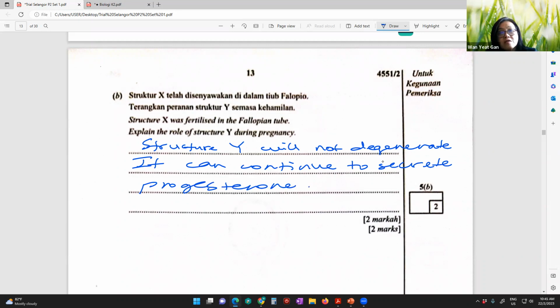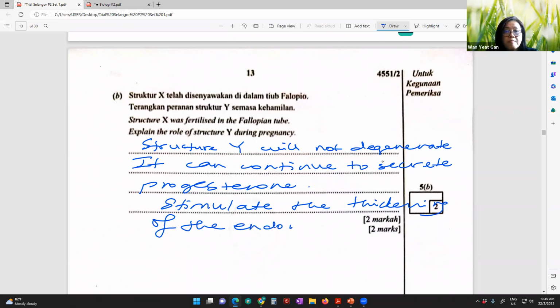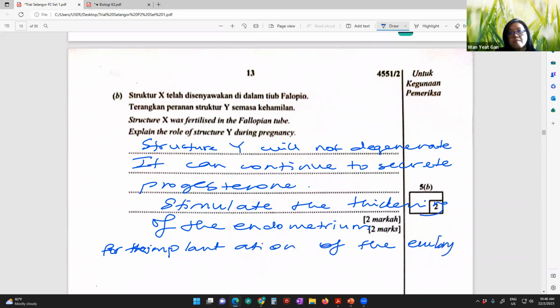When progesterone is secreted, you know already that it will stimulate the thickening of the endometrium. When the endometrium is thickened, this will allow implantation of the embryo. Okay.